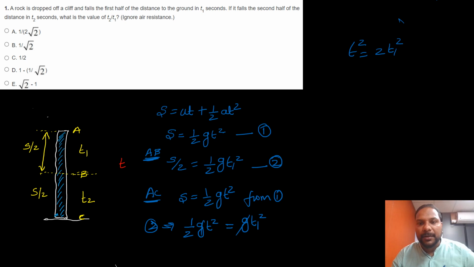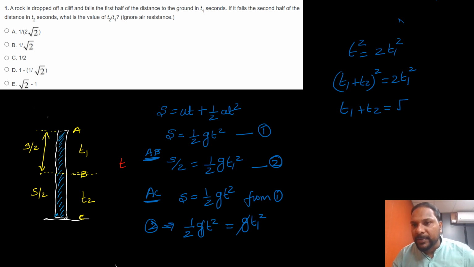Okay, so what is the total time t? Total time t is nothing but the sum of t1 and t2. So t square can be written as (t1 plus t2) whole square, which is equal to 2 times t1 square. Taking square root on both sides, t1 plus t2 should be equal to root 2 times t1.